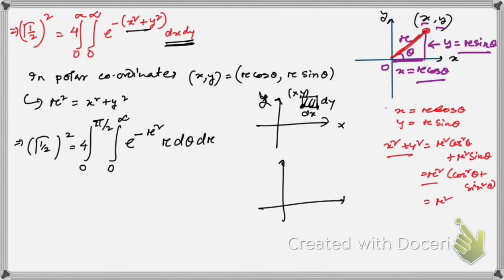Here you can see this is your point x comma y, and this is the position vector r, suppose, and along the r vector there is a small displacement, suppose dr, right? We have also considered this radius vector changes its angle. This angle made with the x-axis is suppose theta now, and it is changed by a very small angle d theta, right?